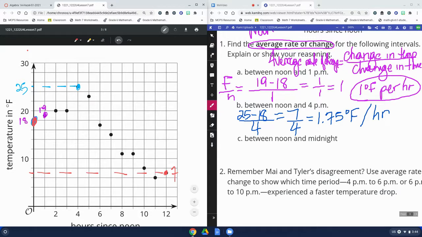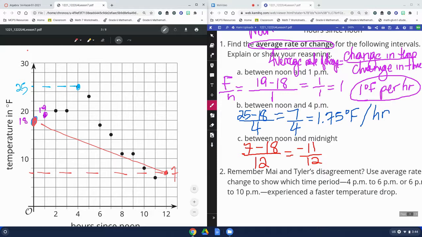If you look here, that is a decrease. All right. So the change in time is 12 hours. The change in temperature over that time, right? It was 7 at midnight. It had been 18 at noon. So that's a decrease of 11 degrees over 12 hours, right?